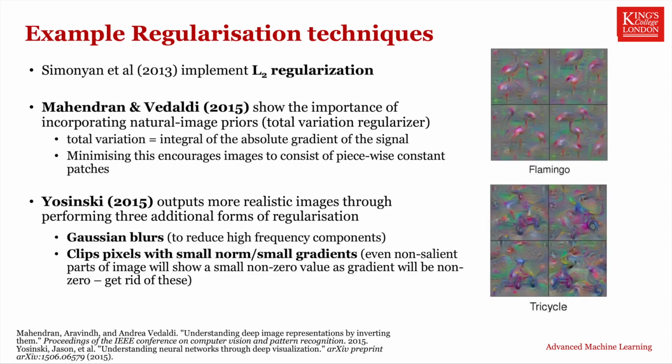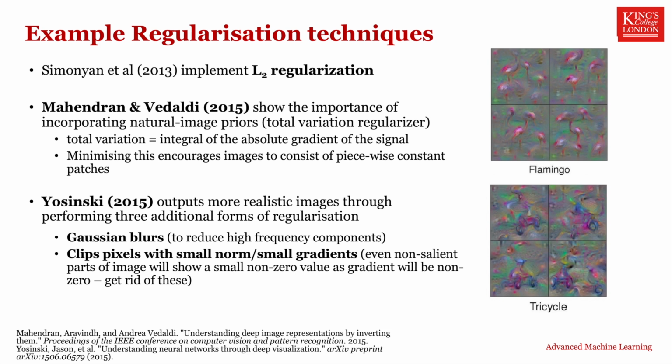So various different approaches for regularization have been proposed, not just L2 regularization, but other options including minimization of total variation, where total variation represents the integral of the absolute value of the gradient, and where this is going to be high for high spatial frequencies. Thus, minimizing it tends to encourage generation of piecewise smooth images, for example, as shown on the right.